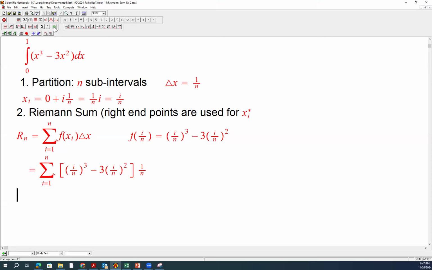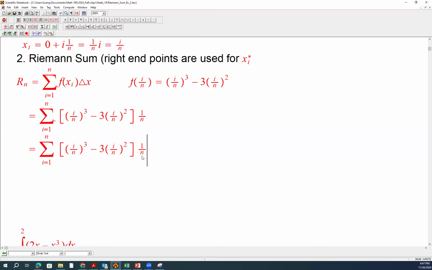This turned out to be not so difficult a question, and we already did the harder questions, so this is no big deal. So i raised to the power 3, n raised to the power 3. i squared here, n squared.